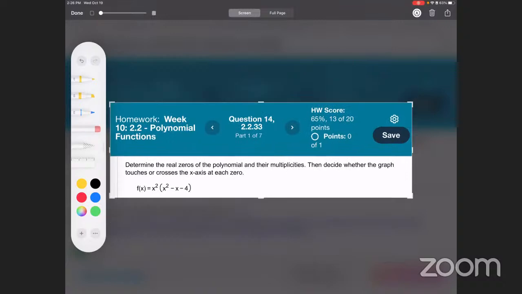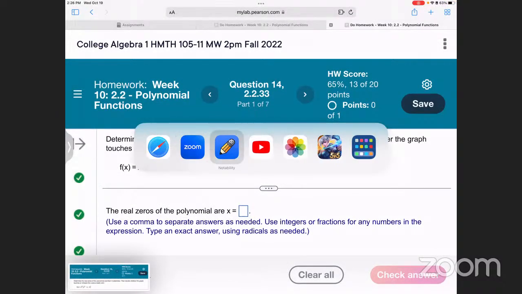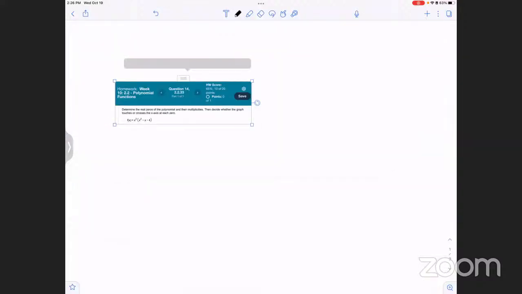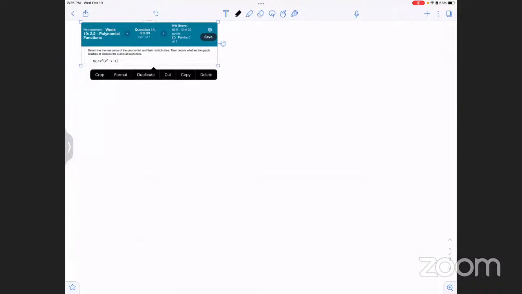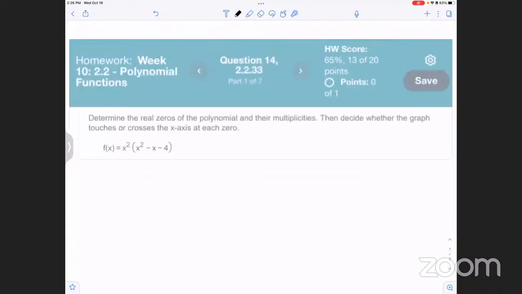So let me take this and we're going to drop it over here onto Notability. Let's go like this. And let's bring that back. Okay, I think this is good.